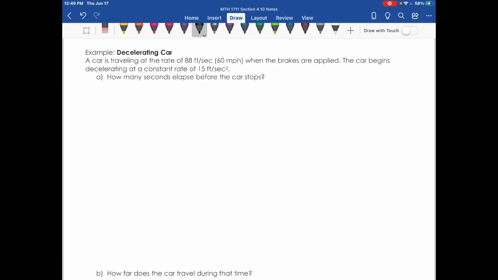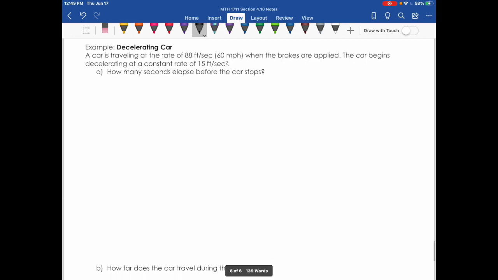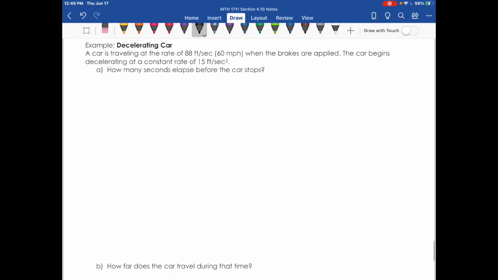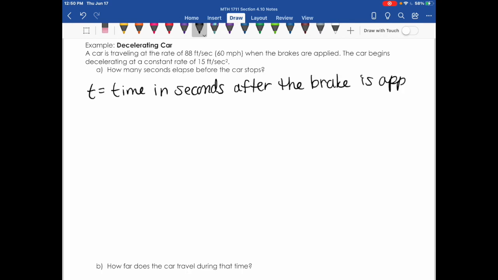The first thing we need to find out, part A says how many seconds elapse before the car stops. And part B says how far does the car travel during that time. So the first thing we need to do is determine what our variables are going to be. Let's let t be the time in seconds after the brake is applied.